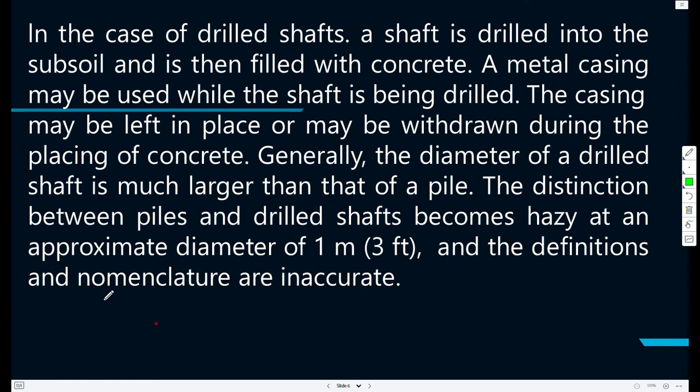Generally, the diameter of the drilled shaft is much larger than the pile. The distinction between piles and drilled shafts becomes hazy at approximately 3 meters in diameter, and the definitions and nomenclature are inaccurate.